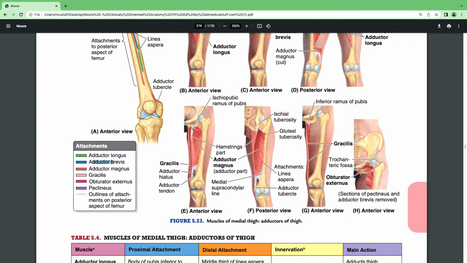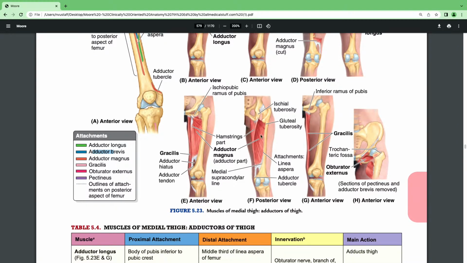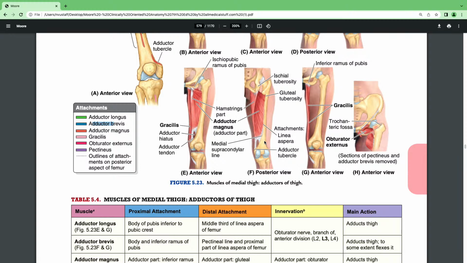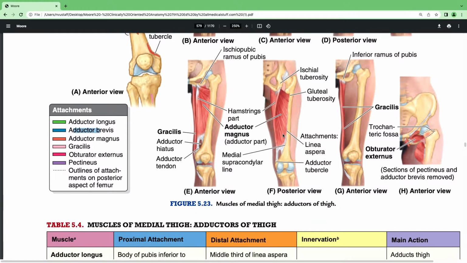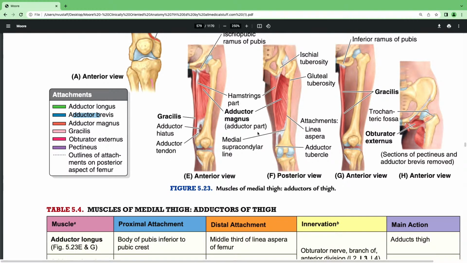Now, when we talk about the adductor magnus, it has a very interesting structure, and you can find it here. You can see from the posterior view or from the anterior view, this is the adductor hiatus. Why?